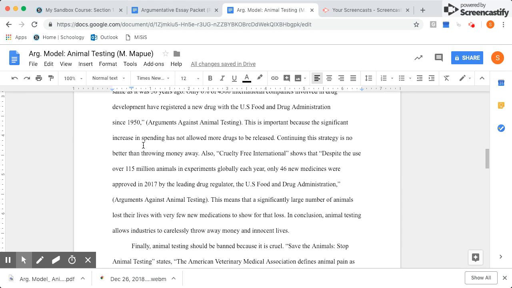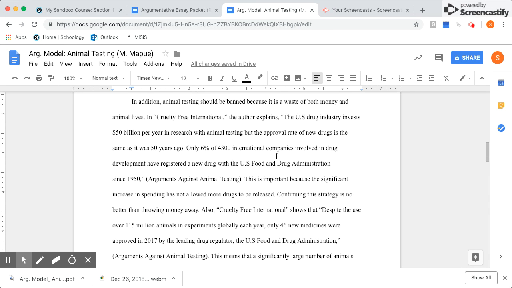The significant increase in spending has not allowed more drugs to be released. So you go back, does it answer this? Invest this amount of money, but the approval rate of new drugs is the same. So if the money was less here, they're spending more, but the number of drugs released, then that answers that question. So only 6% of 4,300 international companies involved in drug development have registered a new drug.